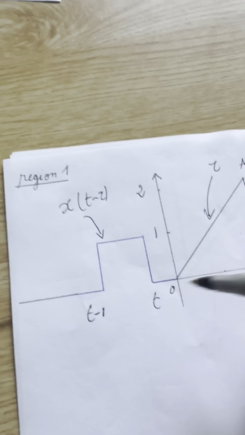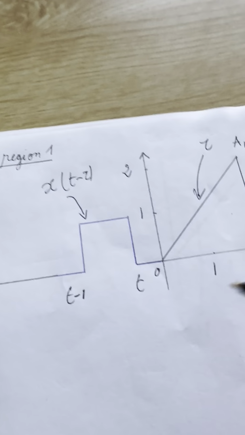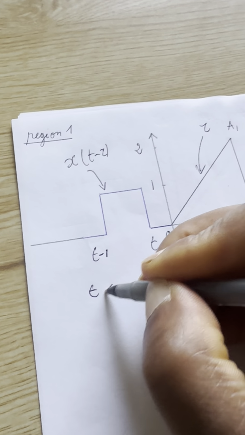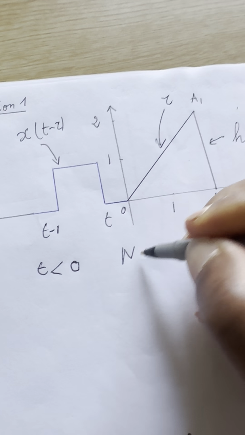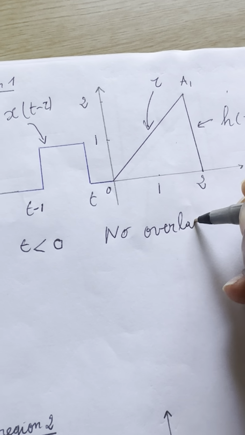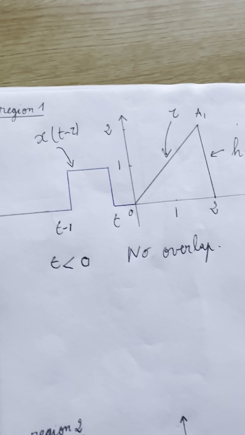So here we have 0. We can see for t less than 0, no overlap. Okay?